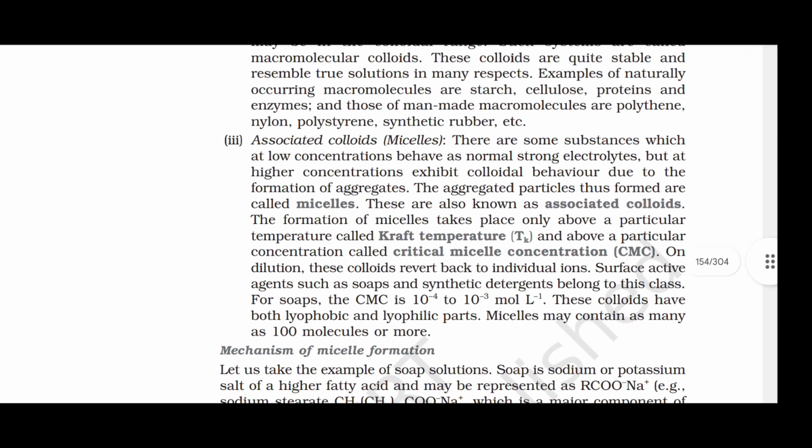Associated colloids. Micelles. There are some substances which at low concentration behave as normal strong electrolytes, but at high concentration exhibit colloidal behavior due to formation of aggregates. The aggregate particles thus formed are called micelles. These are also known as associated colloids.